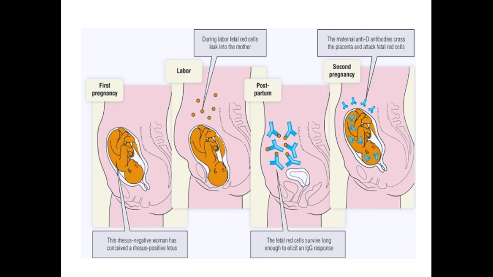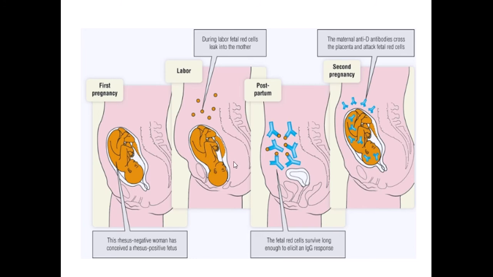So in the second pregnancy, those antibodies against the Rh positive red blood cells, they will pass from the mother to the baby and sensitize the red blood cells of the baby, as you can see here.